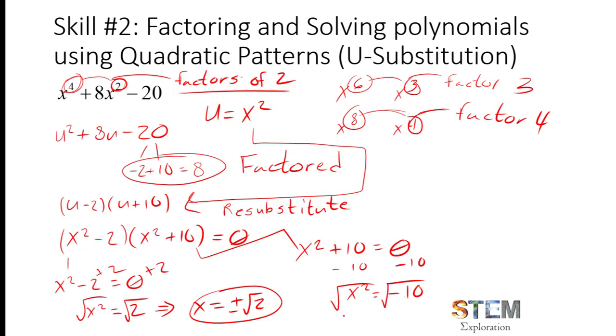Even if you did graph this, you'd only see 2 of the solutions. So in this instance, x is equal to plus or minus i times the square root of 10, and those would be 2 of your given solutions.